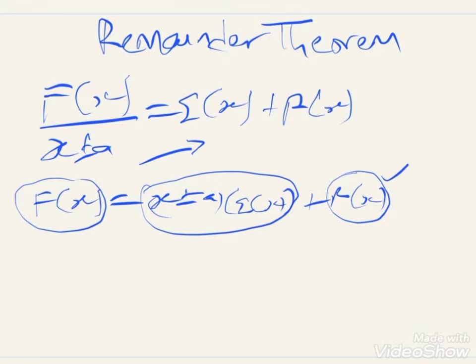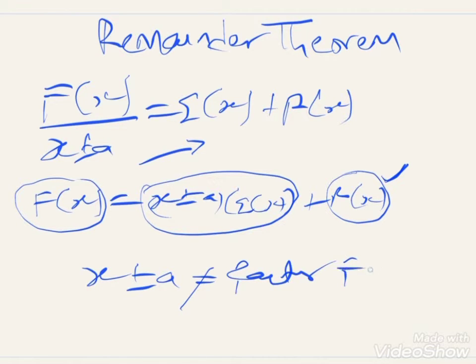So if there is a remainder, then the factor x plus or minus a is not a factor of f of x. This remainder shows that the linear factor x plus or minus a is never a factor of the multinomial expression f of x.